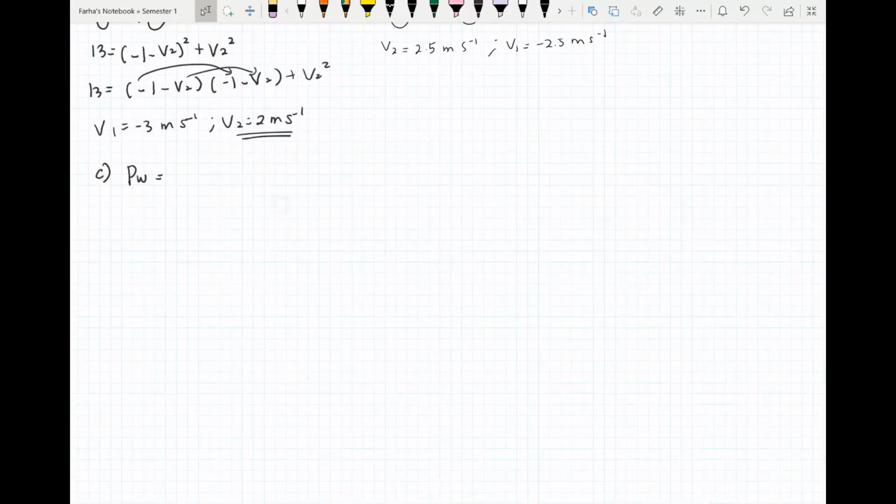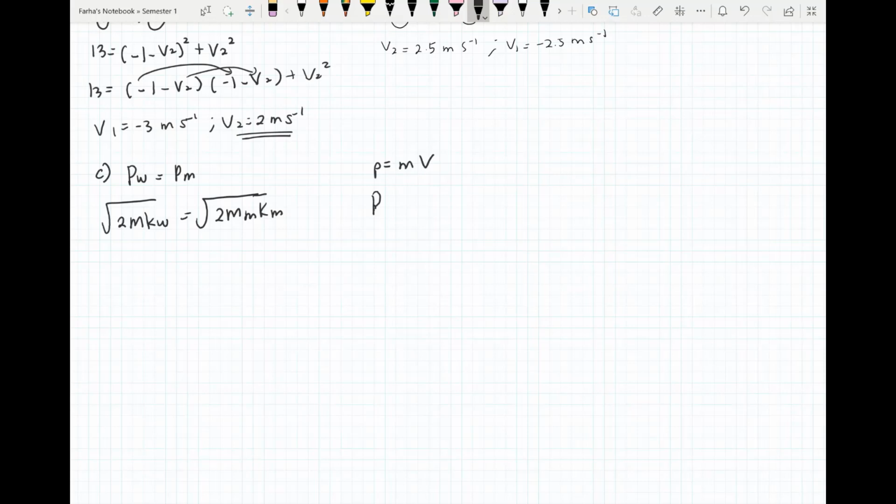PW equals to PM, ni konsep dia. Okay, so PW adalah sama dengan 2mKW equals to 2mK. Mana dapat? Okay, so dia dapat daripada momentum equals to mass darab dengan velocity. So momentum, kita relatekan velocity ni dengan kinetic energy, which is half mv square.